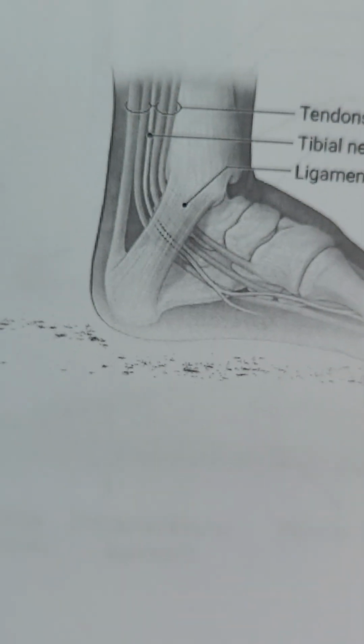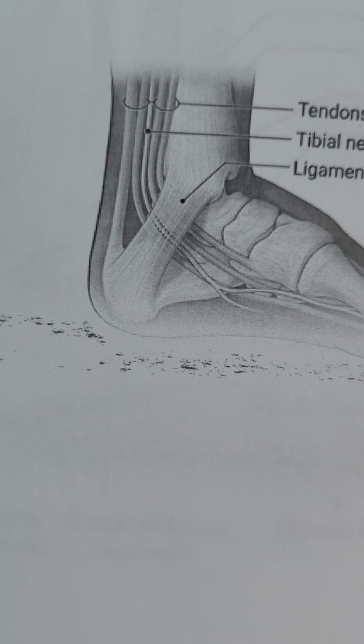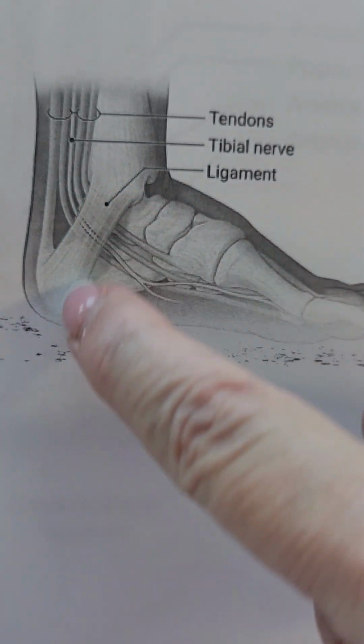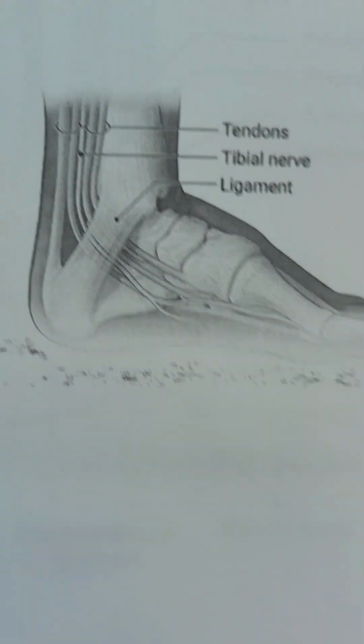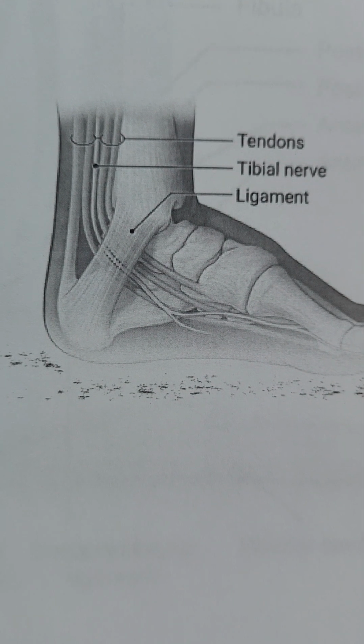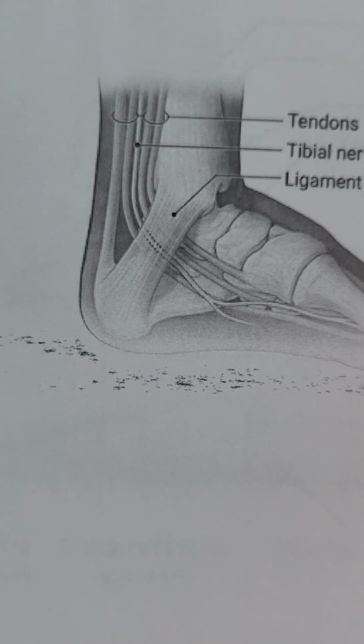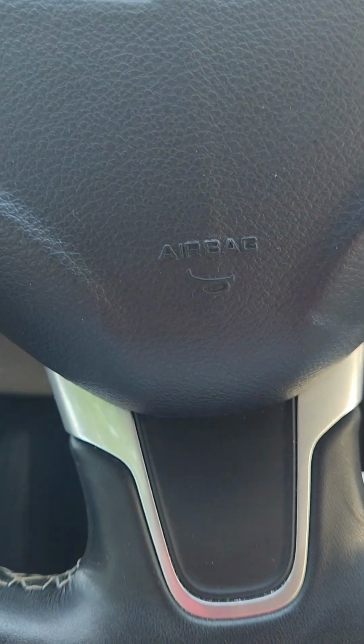We've talked about the nerves all throughout the body through our lectures so far. This is a ligament. See how it's a big band? All of these are kind of bunched up together, tendons and the tibial nerves. There. You also have, let me change my paper really quick.